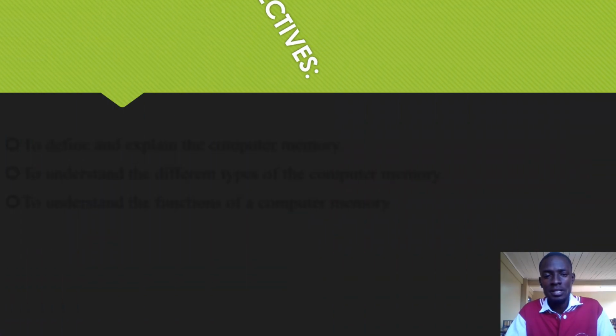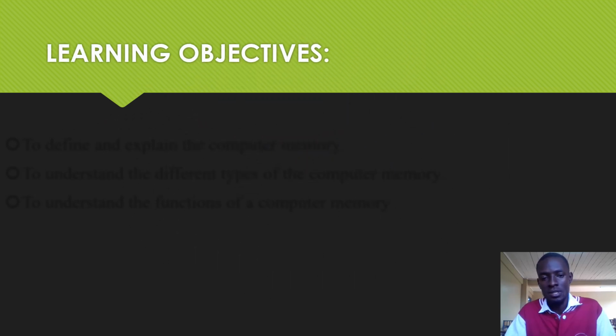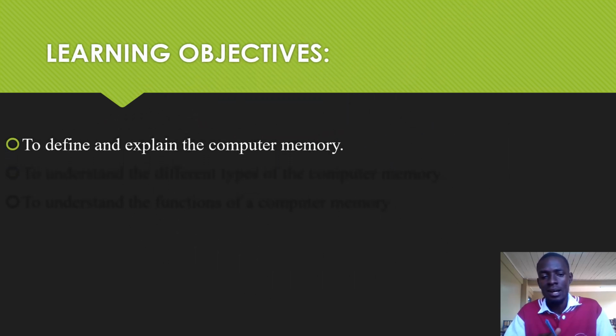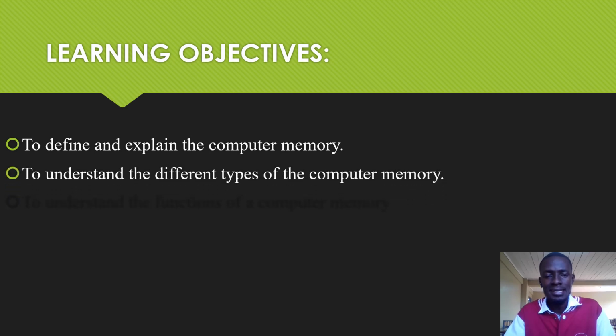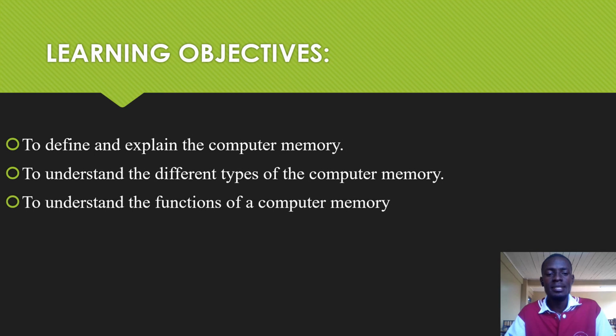So our learning objectives are as follows: to define and explain the computer memory, to understand the different types of the computer memory, and to understand the functions of the computer memory.